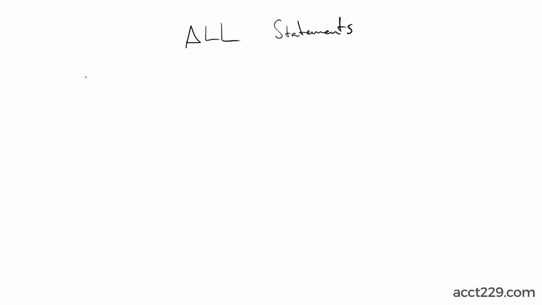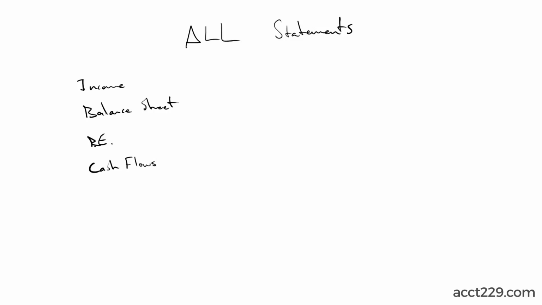So what kind of statements have we talked about so far? We've talked about the income statement. We've talked about the balance sheet. We talked about the statement of retained earnings. Let's call that RE. What else? We talked about cash flows.